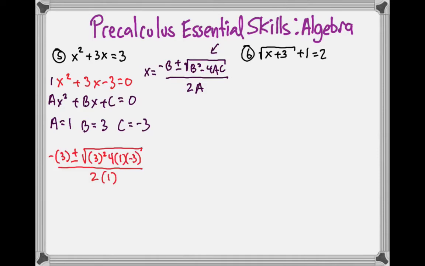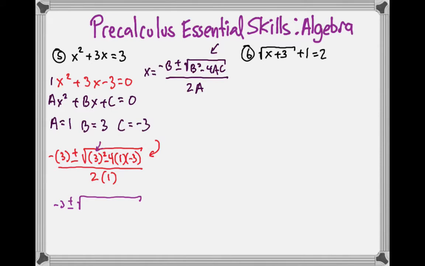Okay, so locating a, b, and c and plugging it in, we get this arithmetic, a little bit of a mess here. And I forgot my minus sign in there, so let's see how that knocks out. The opposite of 3 gives me a negative 3, plus or minus, and let's take a look at each bit of this separately.